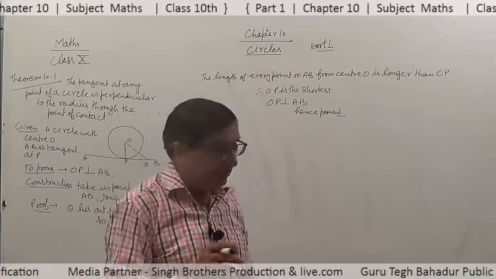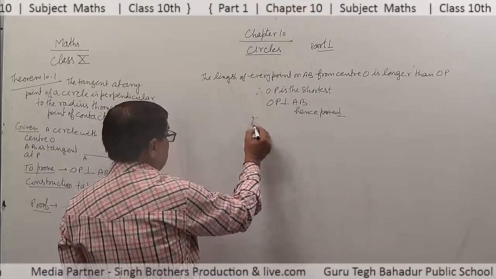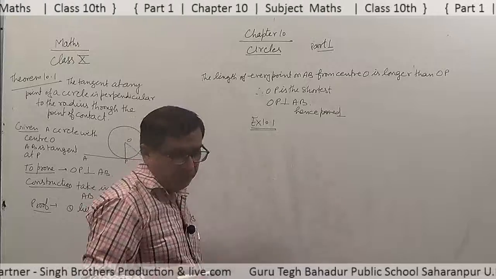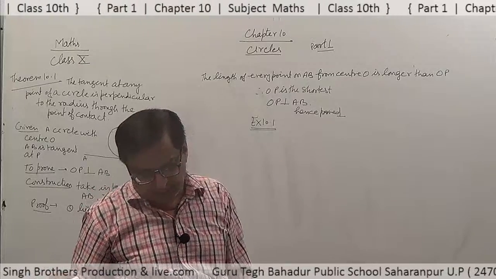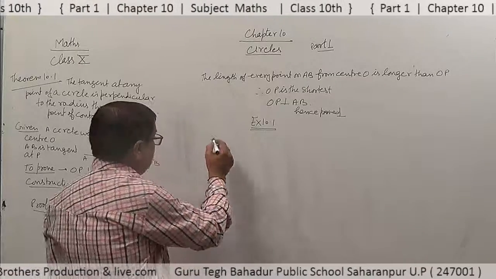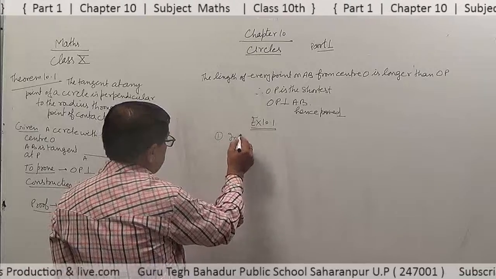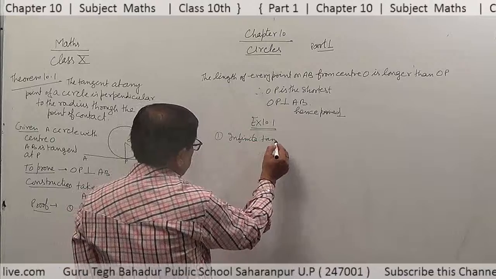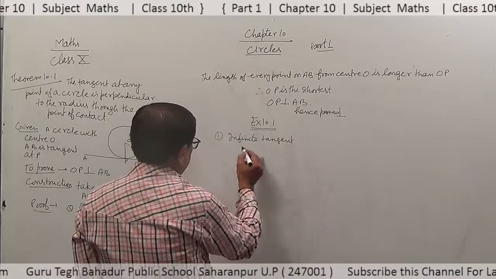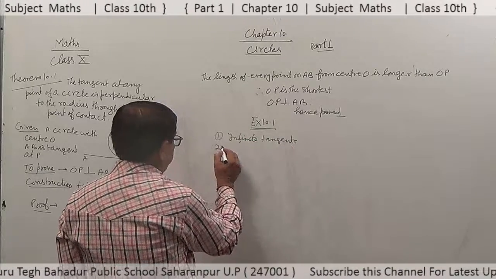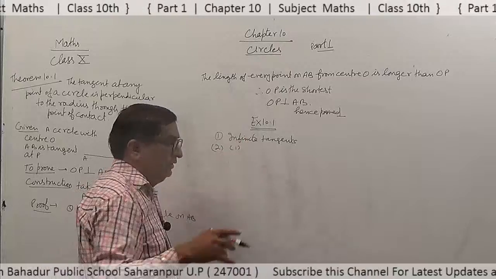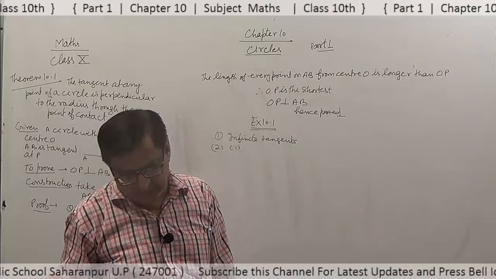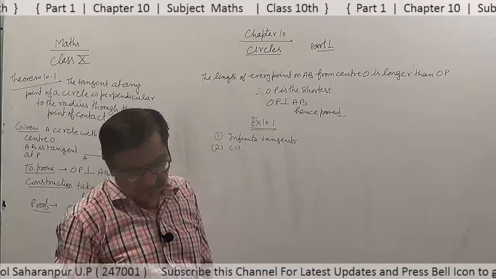Exercise 10.1. How many tangents can a circle have? Infinite tangents. Second question, first part: a tangent to a circle intersects it in one point.